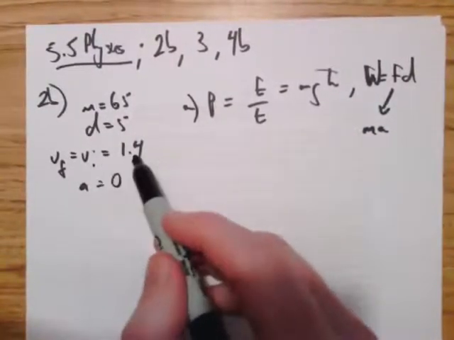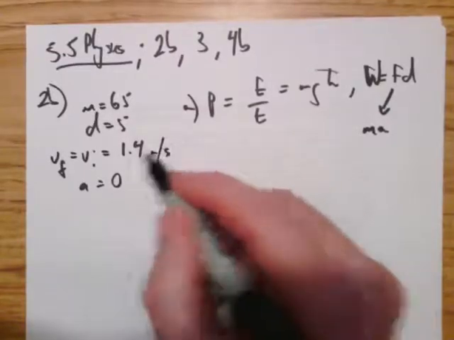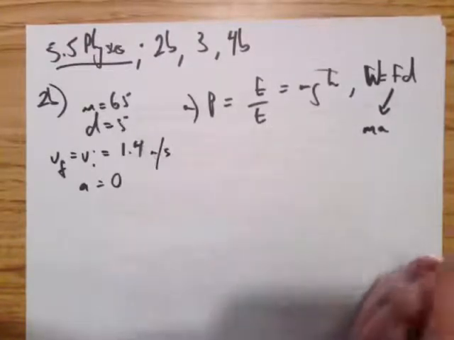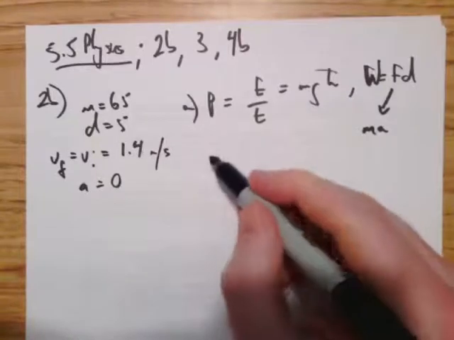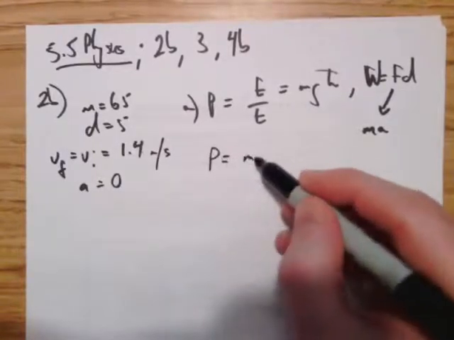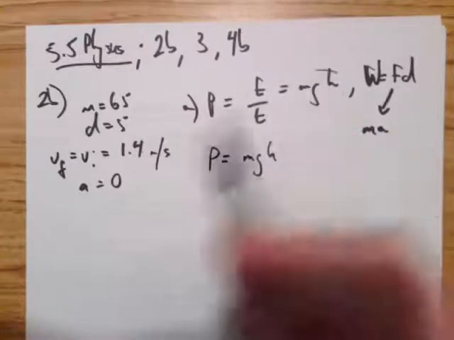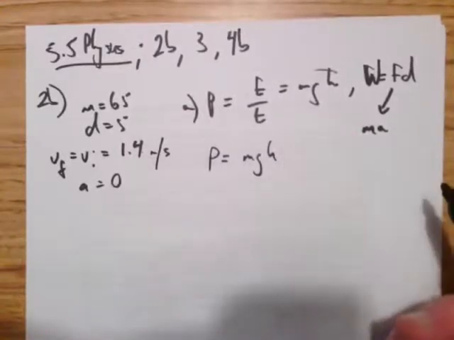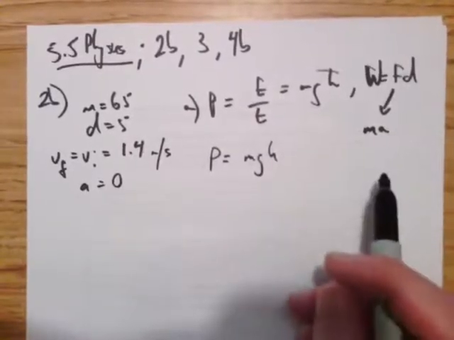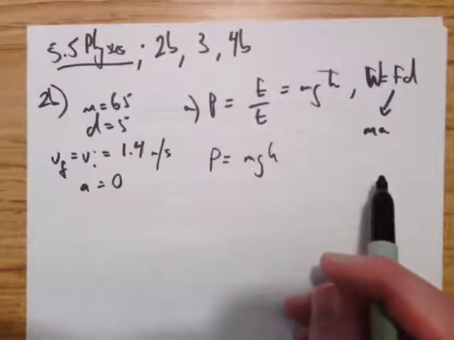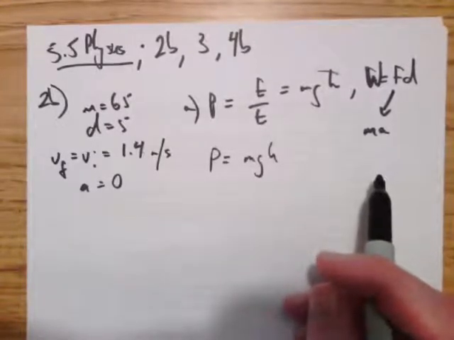In 1 second at 1.4 meters per second, the displacement would be 1.4. So in 1 second, power equals mgh over 1, and the h would be 1.4. And then you would multiply that by 5. You dig?